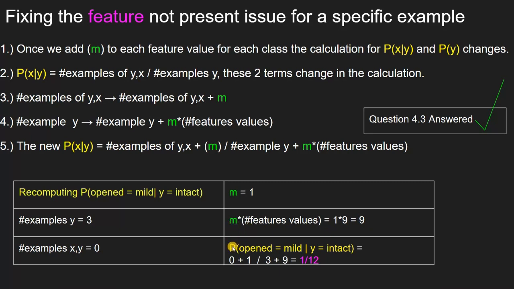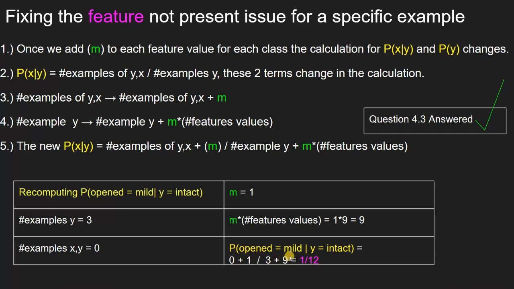we can compute the new probability of open equal to mild given y equal to intact after we added m to each feature value for each class, right? And this is going to be equal to 0, the number of examples where we have x and y, plus 1, which is m, divided by 3, the number of examples of y, plus 9, which is m times the number of feature values, and that's equal to 1 divided by 12, right?